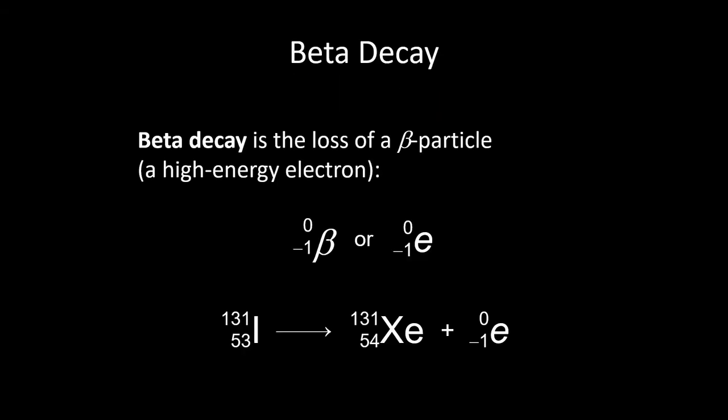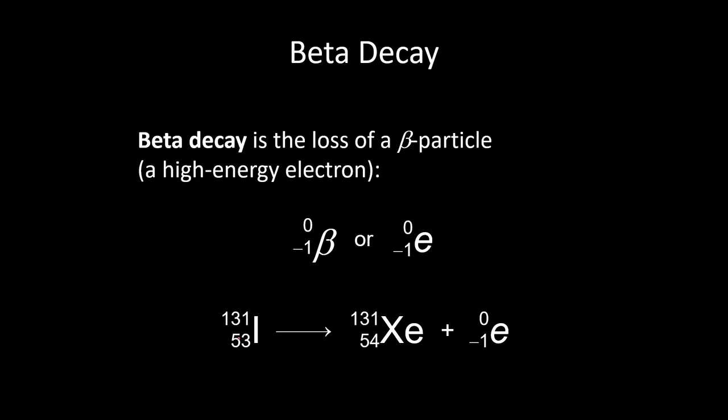So the next type of decay we're going to look at is beta decay. This is when a nucleus spits out a high energy electron. So the nucleus is unstable, and it spits out a high energy electron. What happens is one of the neutrons in the nucleus literally turns into a proton as a result of this, which is something we've never seen before, but this does happen all the time.